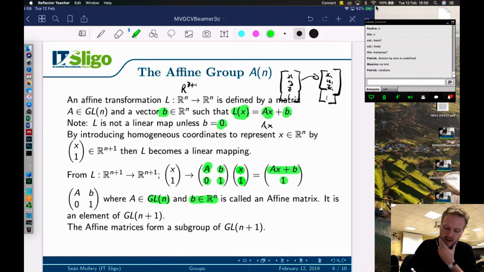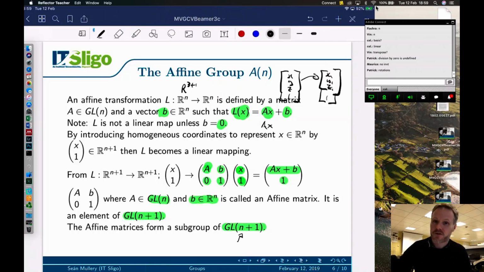So we call this the general linear group n plus 1. We make ourselves one dimension bigger in order to do that. So the affine matrices form a subgroup of the general linear group GL n plus 1. This is a bigger group than just these affine matrices, but these affine matrices are inside it, so they form a subgroup in that and they stay within their group.